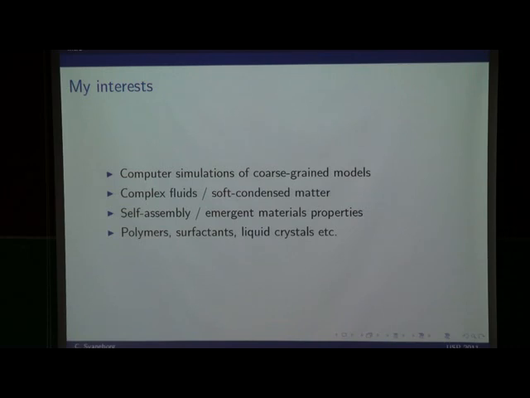How do we understand the material properties from the molecular properties? This, I think, is a very fascinating field of study. What could these molecules be? They could be polymers, surfactants, liquid crystals, basically everything you can imagine. And of course, I would argue that computer simulation is the only real way to understand this. You can disagree with me if you want.